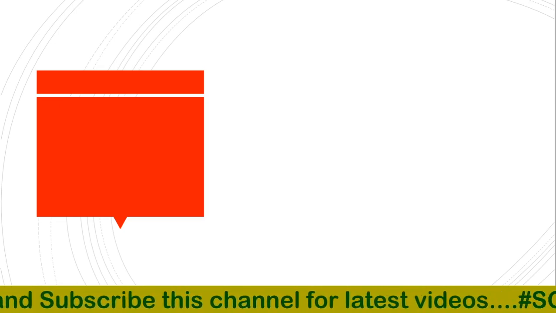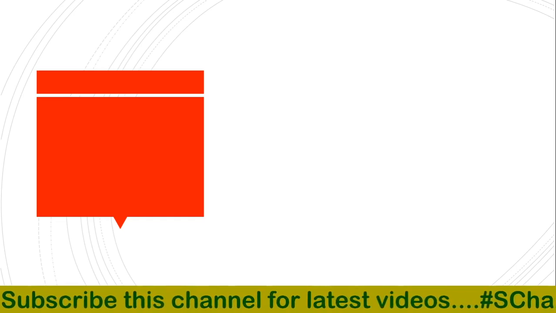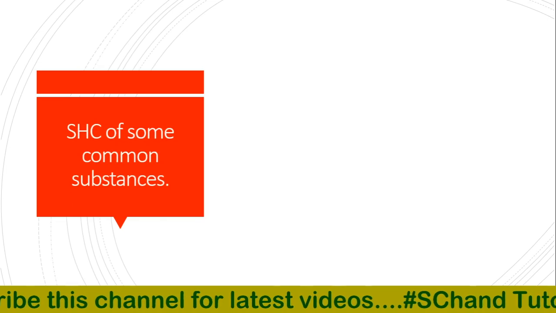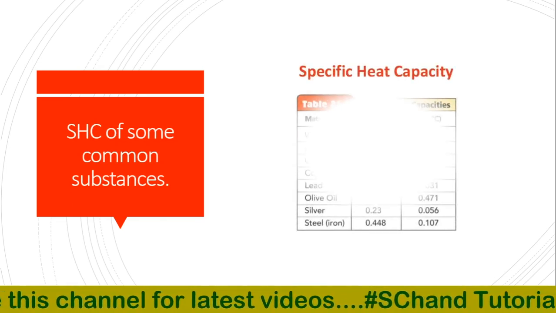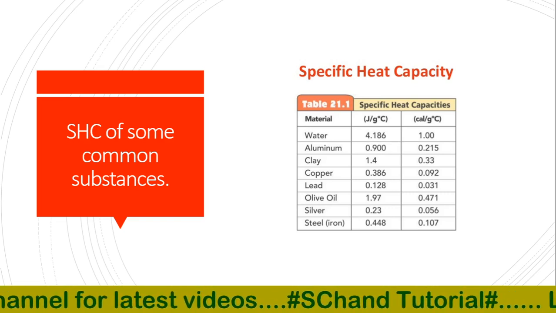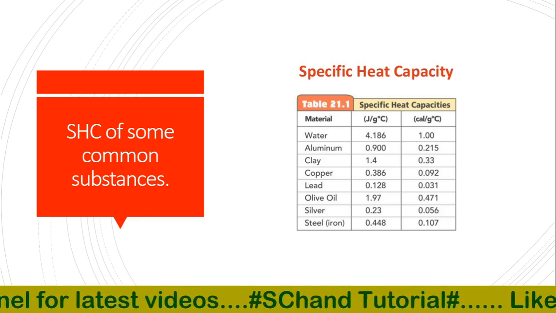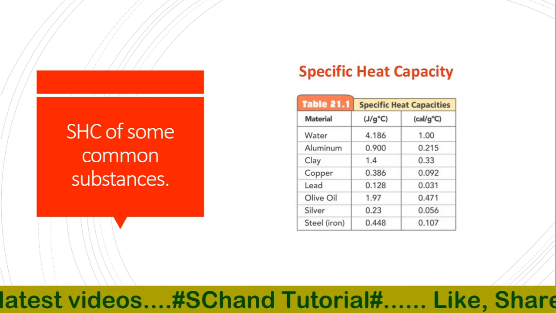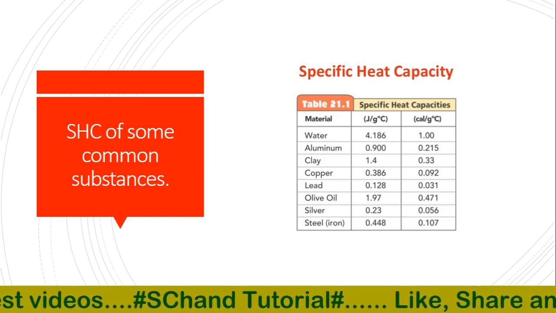We have the specific heat capacity of some common substances in the table. Water has 4.186 joule per gram per degree Celsius or 1 calorie per gram per degree Celsius.